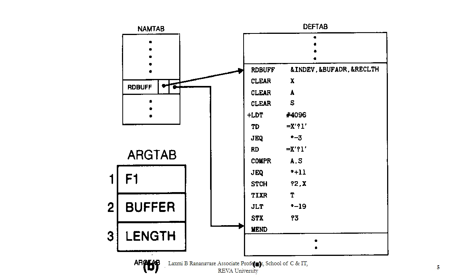Read buff is stored here, and it has 3 parameters: indev, buffer address, and record length. These are preceded with an ampersand in the definition. Now we have to see where these parameters are used; these parameters are positional arguments. Let us consider the first argument is indev, the second argument is buffer address, and the third argument is record length.